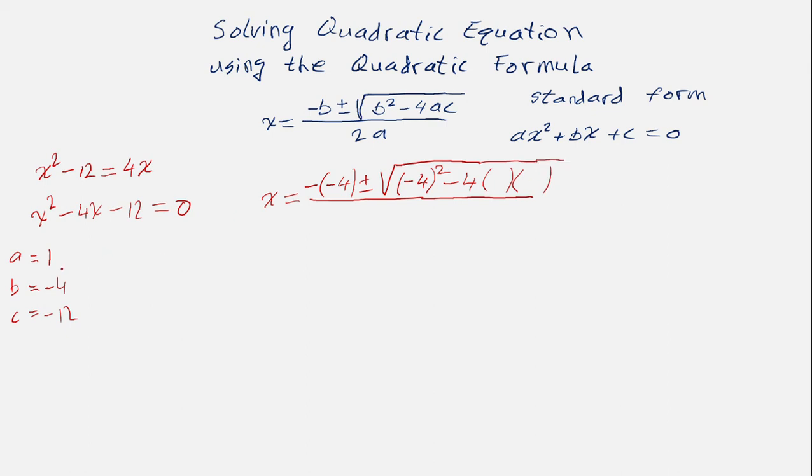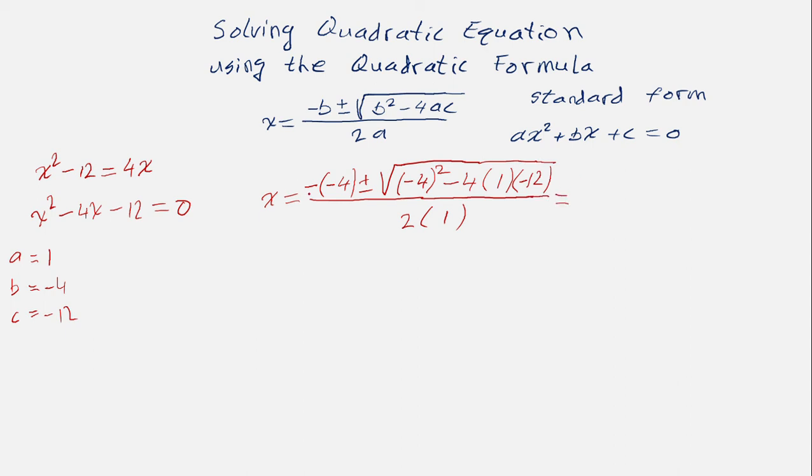A in our case is 1, so we put 1 here, and c is negative 12, so negative 12 goes here. Then we have 2 times a, and again a is 1, so this is 2 times 1. Now we need to simplify it, and then it becomes something a little bit more organized.